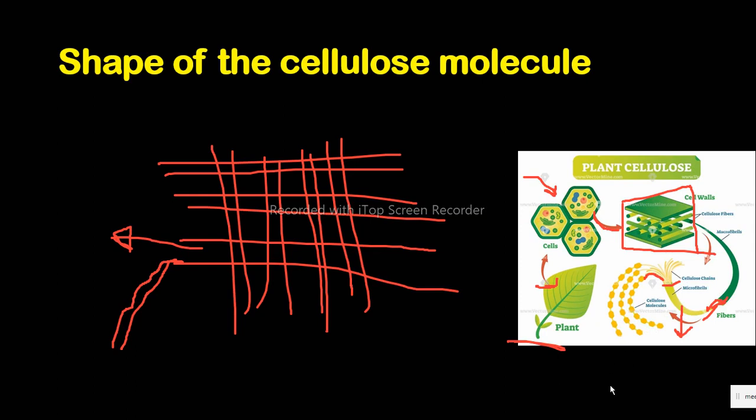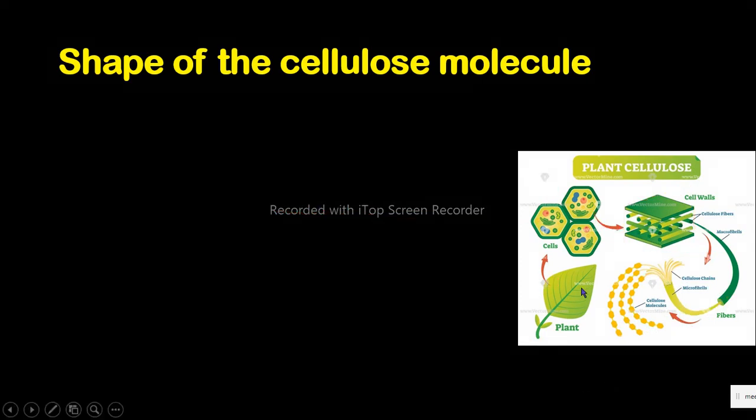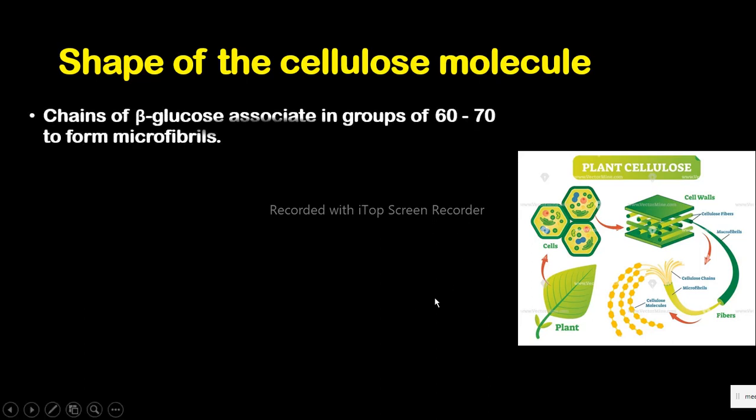Not so? So basically I hope right now you have a clear view of a cell wall. You now know what a cell wall is. Now the rest is describing. So it is made up of very many chains of beta glucose molecules.